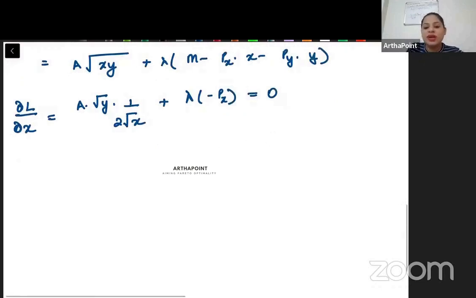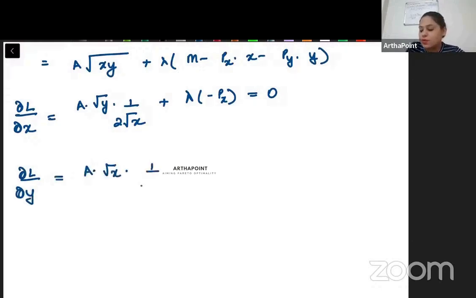Similarly, when you differentiate this with respect to Y, you will get A. So root X remains as it is, and differentiation of root Y will become 1 by 2 root Y plus lambda minus PY equal to 0.